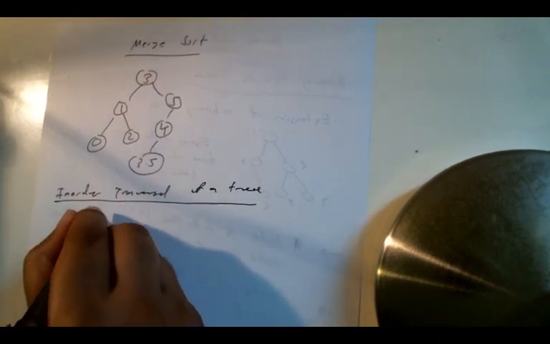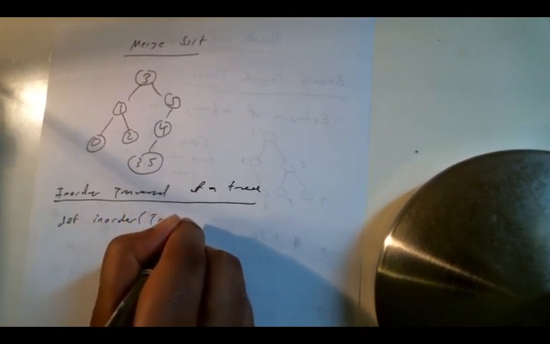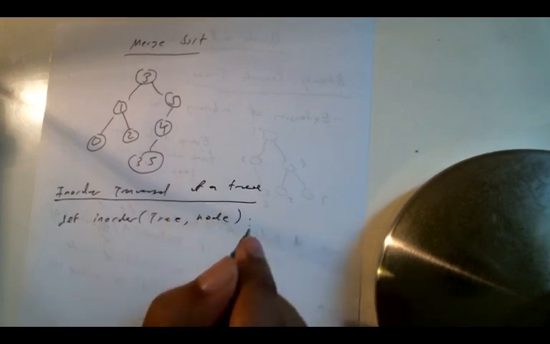The way we're going to do it is the following. Our algorithm is the following. Define in-order of the tree, let's have a node here.